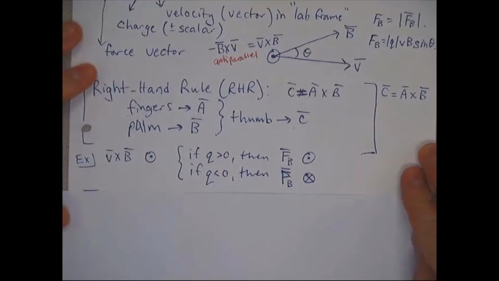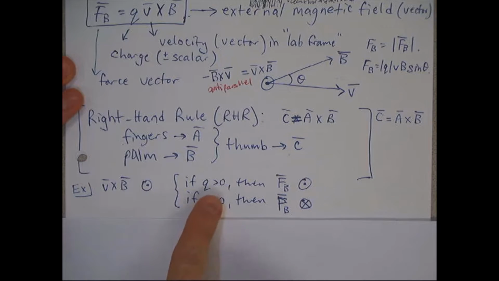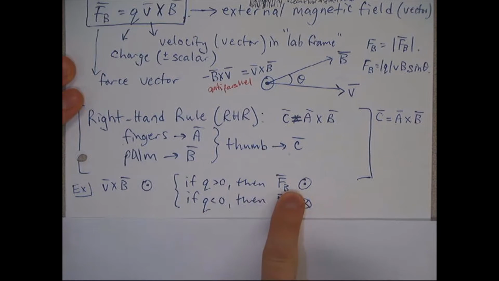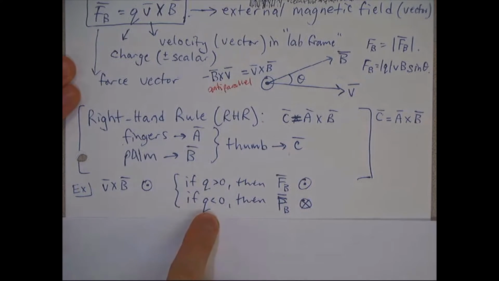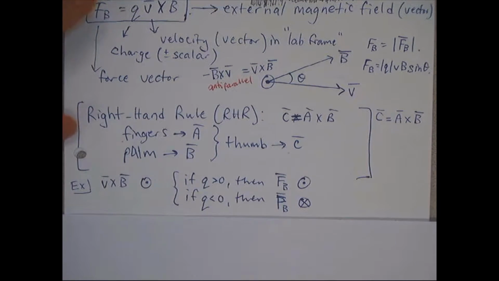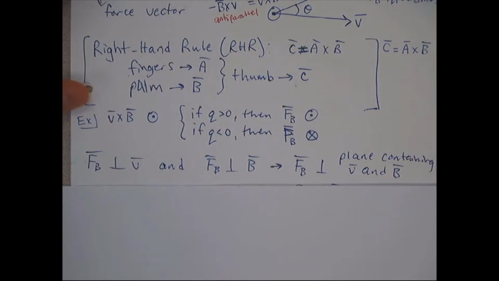Of course, if in this situation v cross B was out of the page, if you're dealing with, say, a proton, then the force would also be out of the page on that particle. But if you were dealing with an electron, the force would be into the page because of its negative sign.